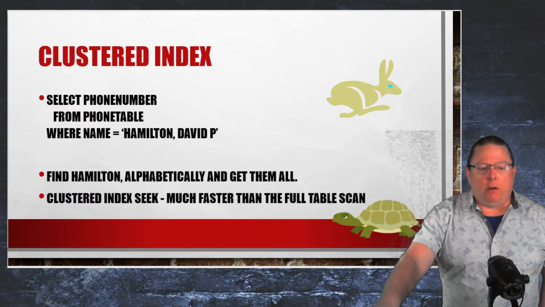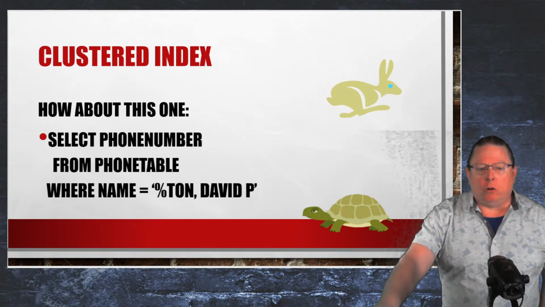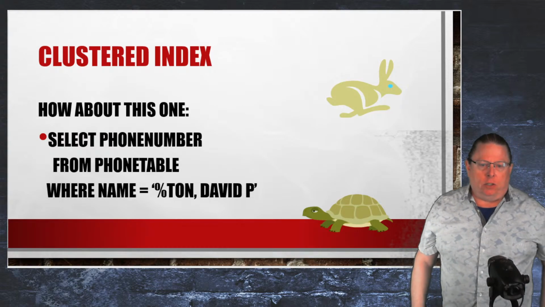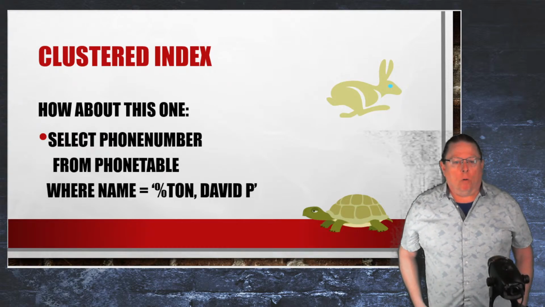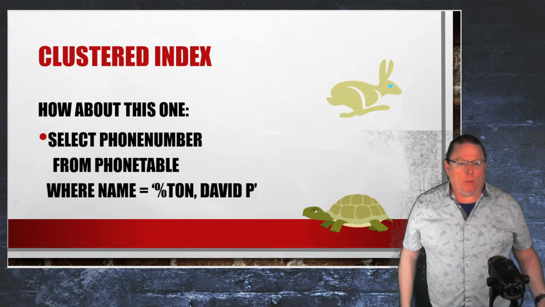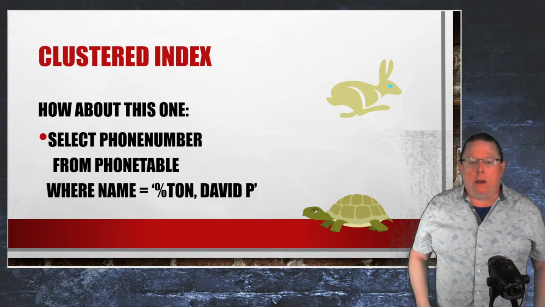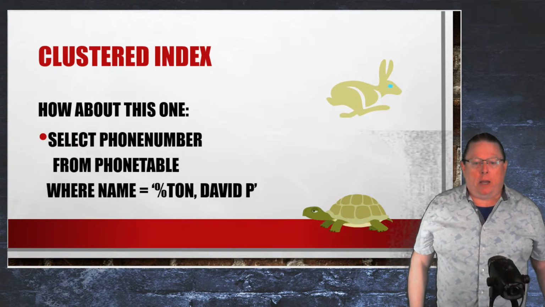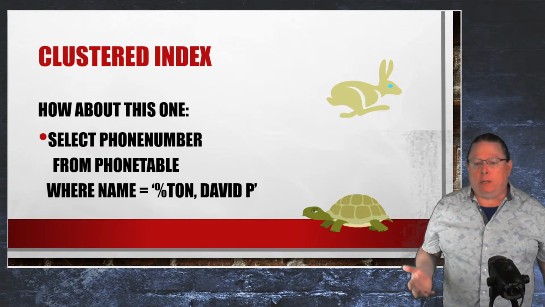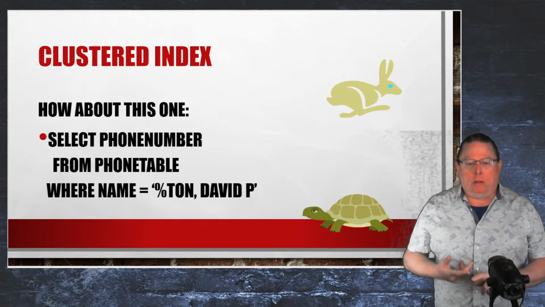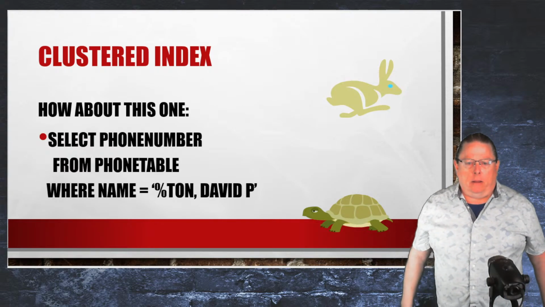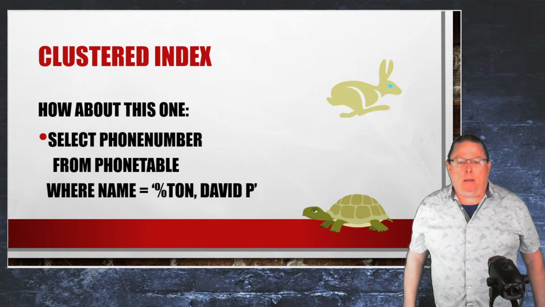Now, let's say you have a clustered index and you want to search on something that's either not in the clustering or that has a wildcard at the beginning of it. So if we searched on phone number from phone table where the name is like percent, or the wildcard, TON, comma David P, that could be Hamilton, that could be Walton, that could be Milton, it could be any prefix with that.